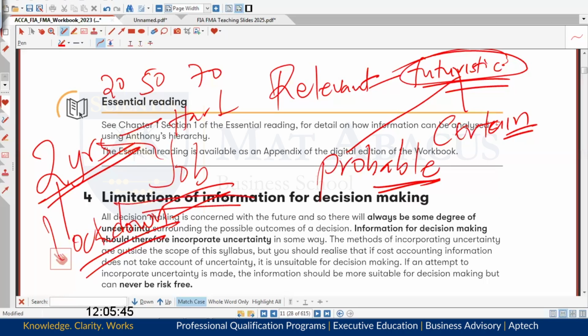So now it becomes limitations of information for decision making, because the information we are using is not certain, it's futuristic, it's predictive. Okay? But if we knew with certainty that this is going to happen, then it would be easier. But now we don't know with certainty that something is going to happen. So that is a challenge of the information we use in management accounting.